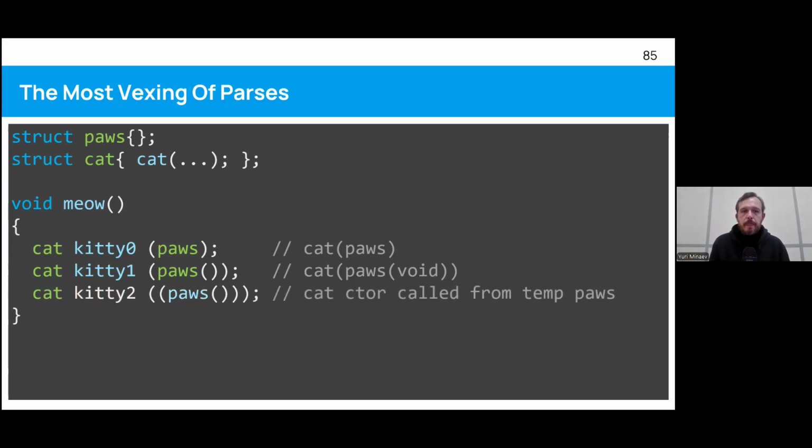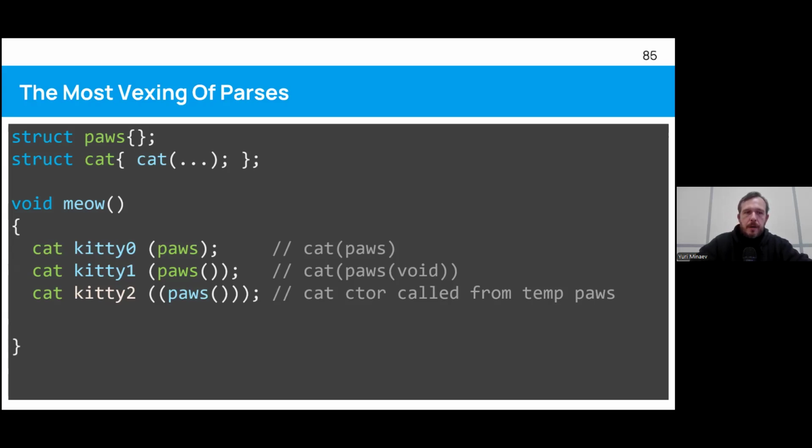Because inside our parentheses after the name, we have another pair of parentheses which makes whatever is written there an expression, because a paren expression is one of the things which count as a primary expression in C++. And yes, it's a variable initialized by an object of the paws type.